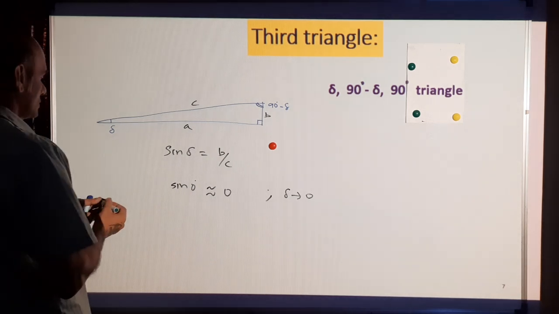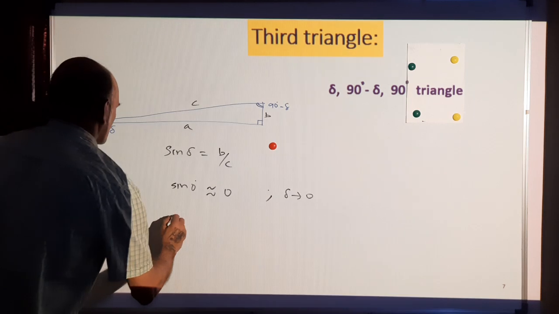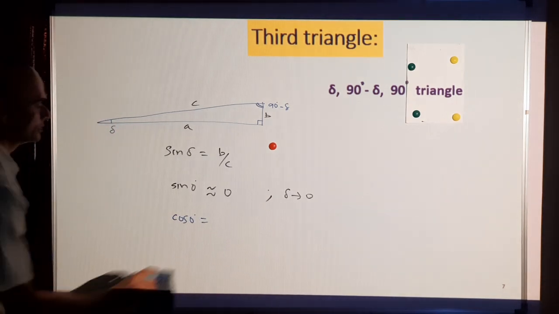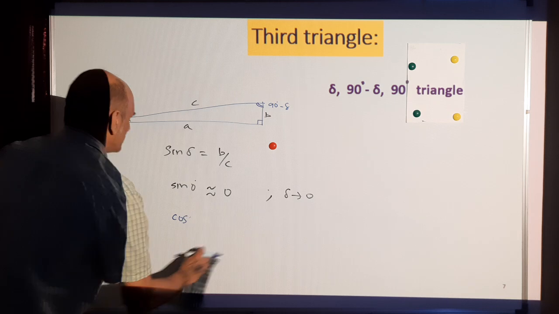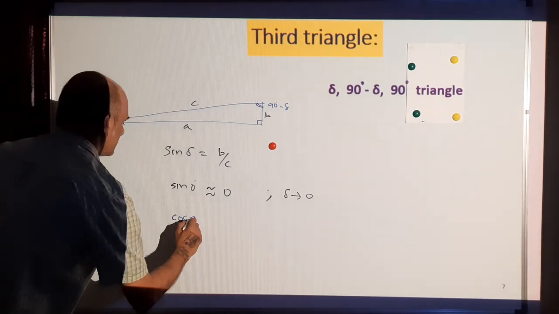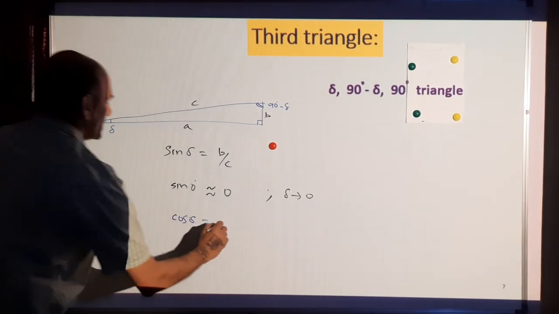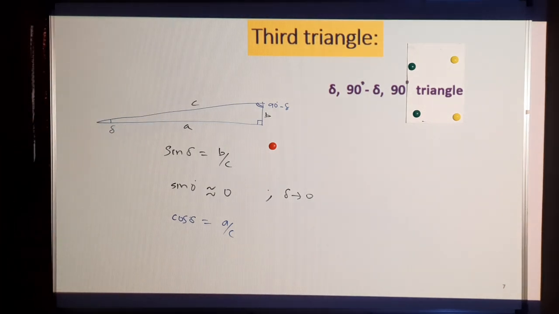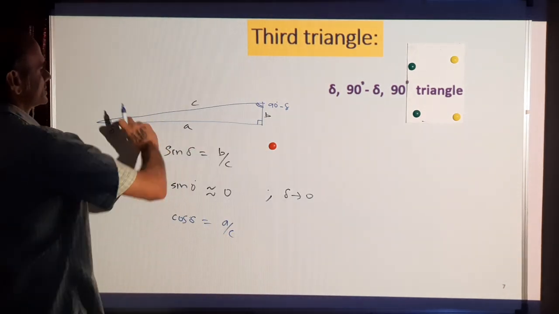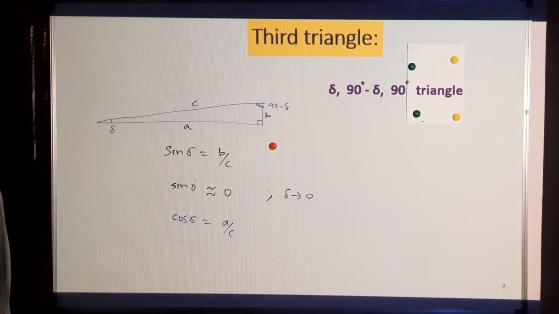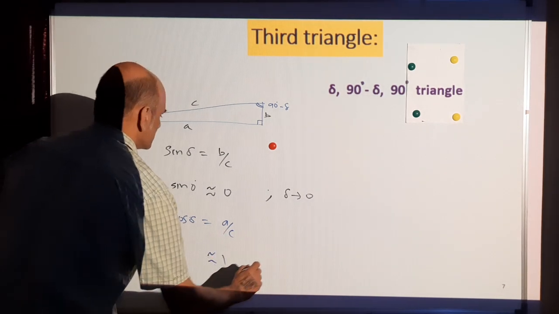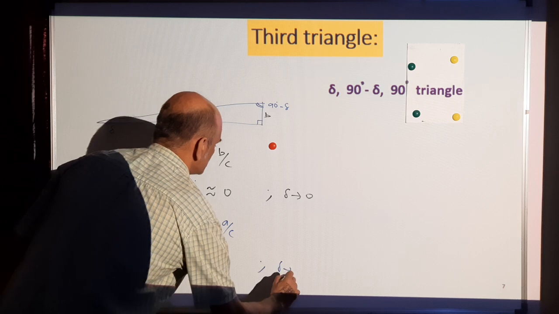Similarly, I can get cos 0. To get it, I'll use delta because I have the triangle only for delta. Cos delta is adjacent side A by C, and A and C are approximately equal because this thing is very, very small. So this is approximately 1, and this is a very good approximation when delta tends to 0.